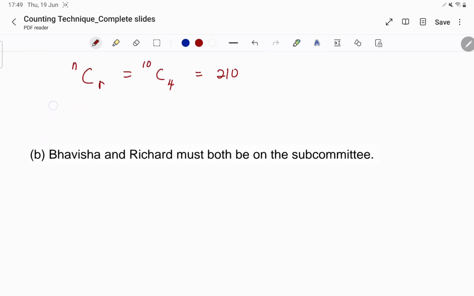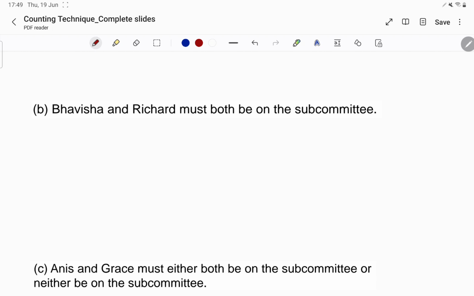For question B, they said that Babisha and Richard must both be on the subcommittee. So these 2 people must be in the subcommittee. Since we must choose both of them, we write 2C2, 2 choose 2.